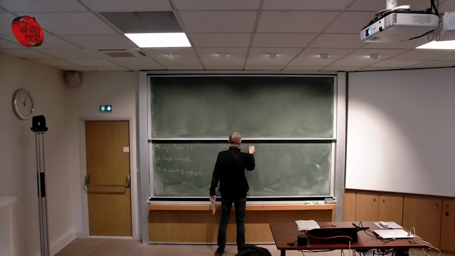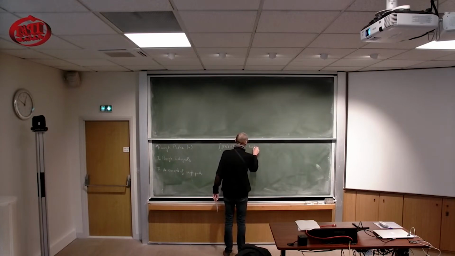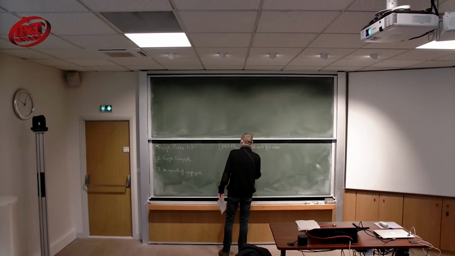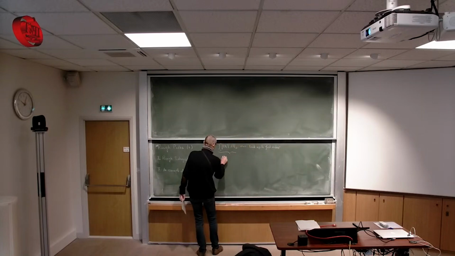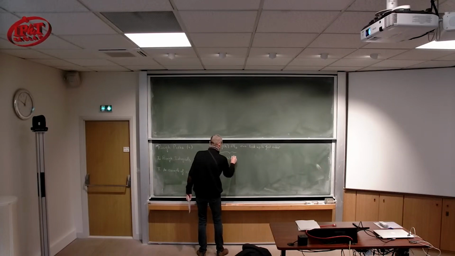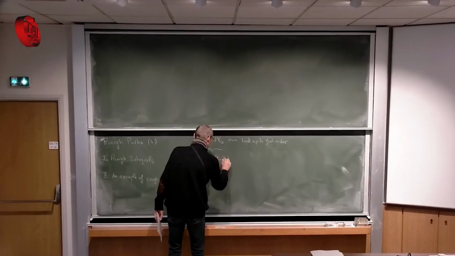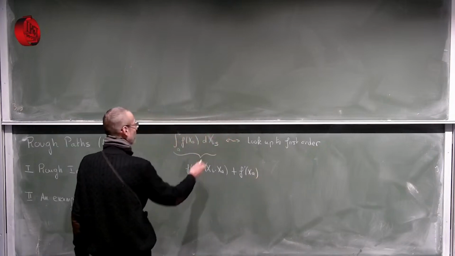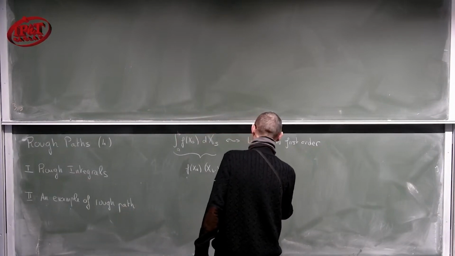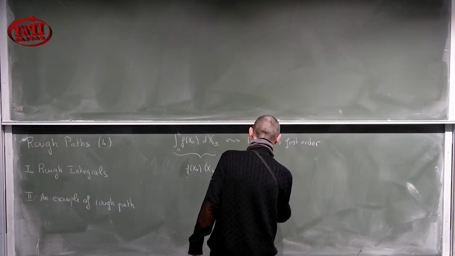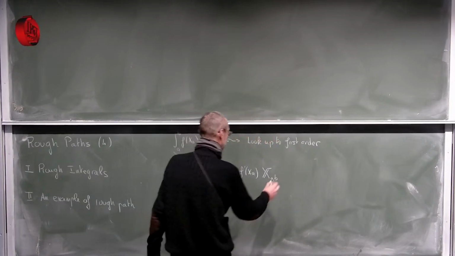So what we are going to do is look at first order. And so we shall naively, I repeat it again, say that this is essentially f of x_a times (x_b minus x_a), plus f prime of x_a, and then I would see a double integral somehow, and this double integral I'm going to replace by its rough path version and subdivide.